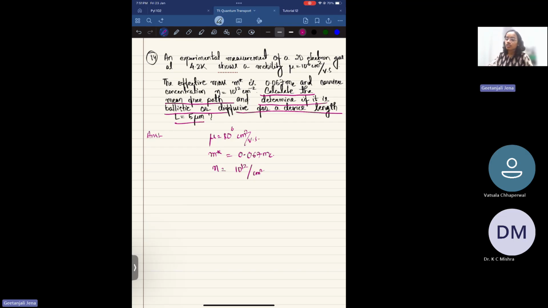First, you need to calculate the mean free path. Then you need to determine whether it is possible to see diffusive or ballistic transport in this case. And be careful that it's a 2D case, not a 3D case.